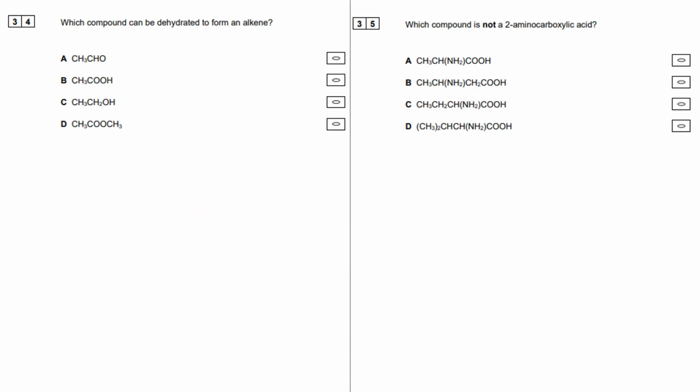Question 34. Which compound can be dehydrated to form an alkene? So dehydration means the removal of water. So if you're removing water, the way dehydration works is you remove an OH from one carbon and an H from another carbon, from an adjacent carbon, to get your carbon-carbon double bond.